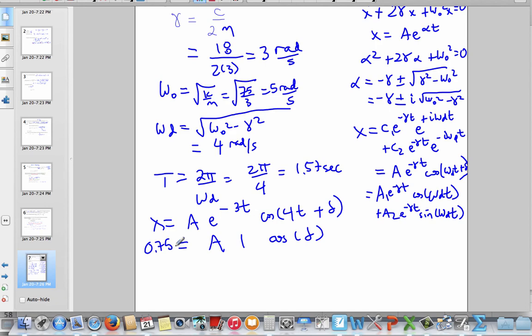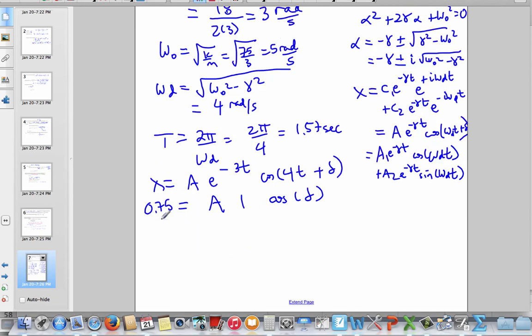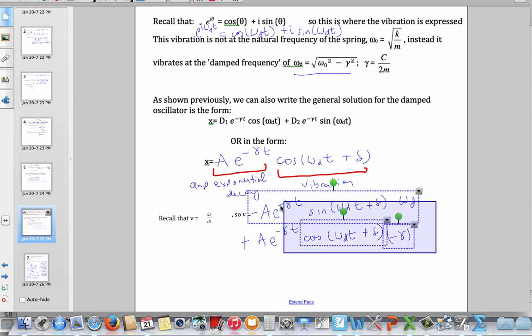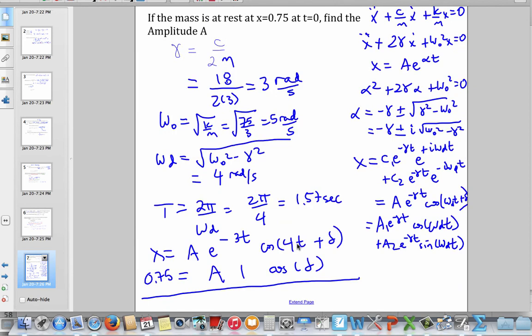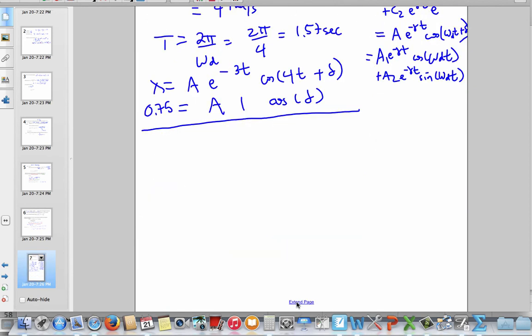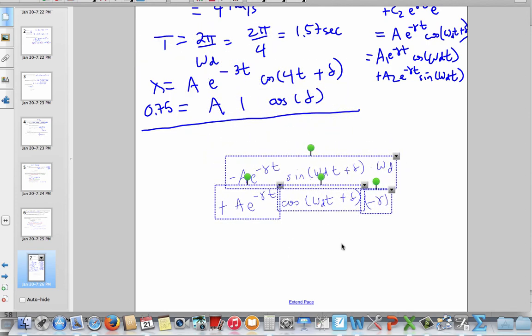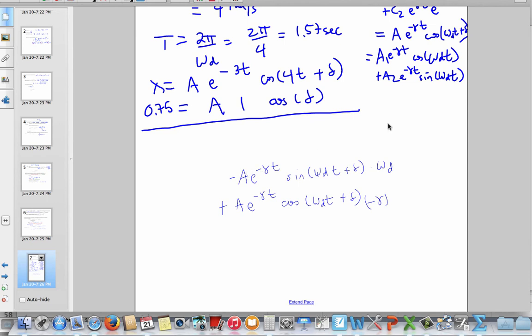We're also going to need to use the condition for the velocity. And so this simple little problem has become a multi-headed monster, because look at our velocity function over here. So this is the velocity function. We can just copy that and paste it back in at the bottom of our solution. And because this is the initial velocity, we have to figure out what the values of A and delta are.